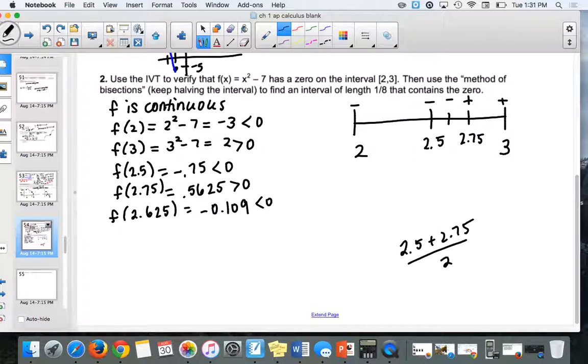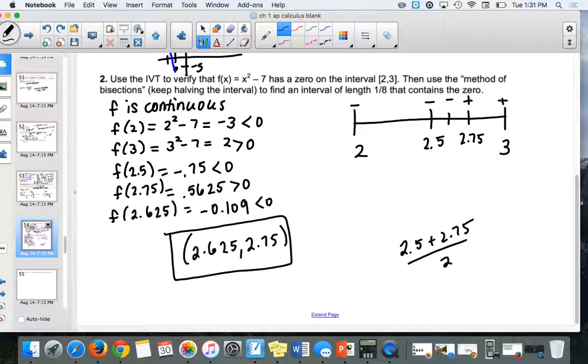So it's on the interval. I'm going to do parentheses, not brackets. Why am I choosing parentheses instead of brackets? Because you don't actually have zeros there. They didn't exactly equal 0 at those points, so I can say it's between those two numbers. All right, so it's on the interval 2.625 to 2.75, and that is an interval of length 1/8.